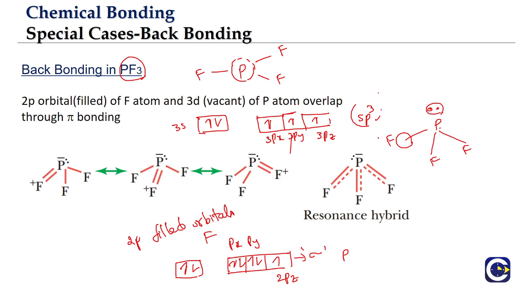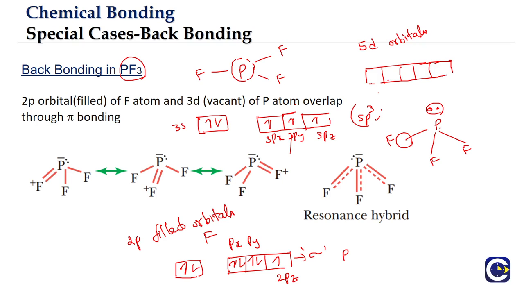And phosphorus is an element in the third period. So in its valence shell, along with the 3s orbital and 3p orbitals, it will also have 5 d orbitals.